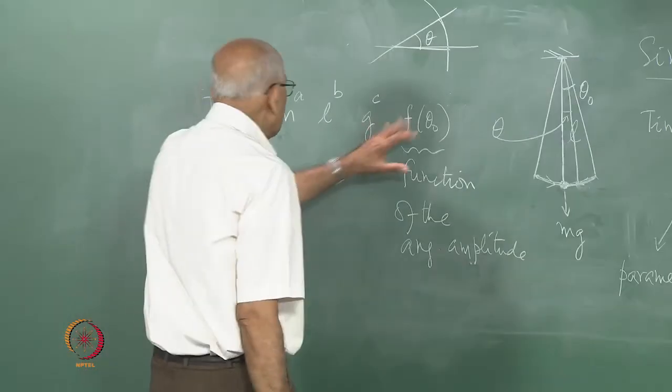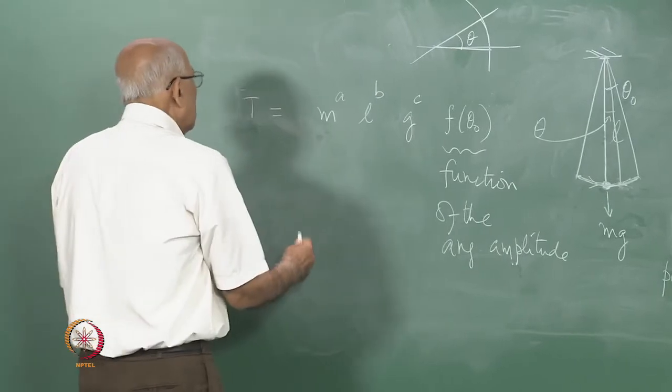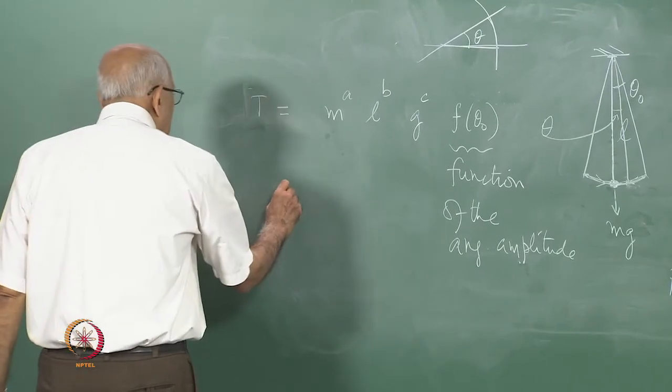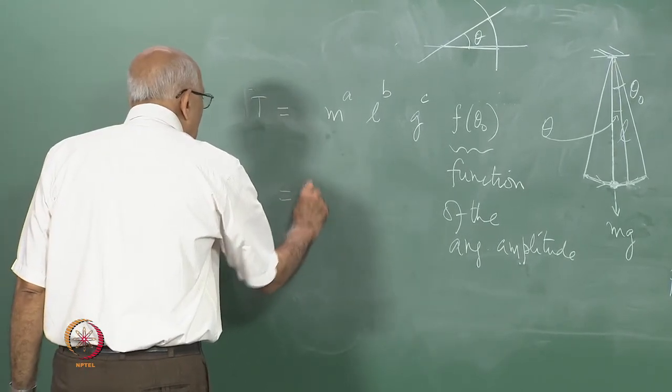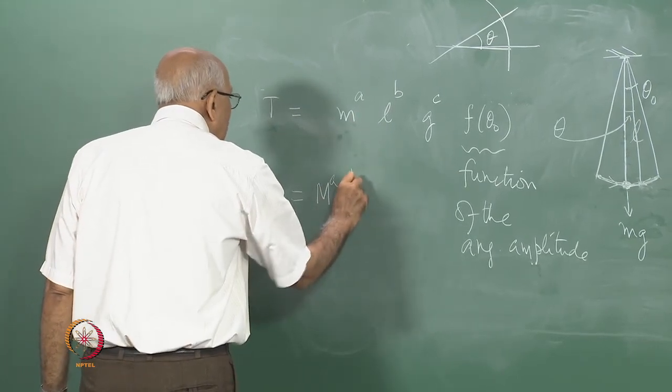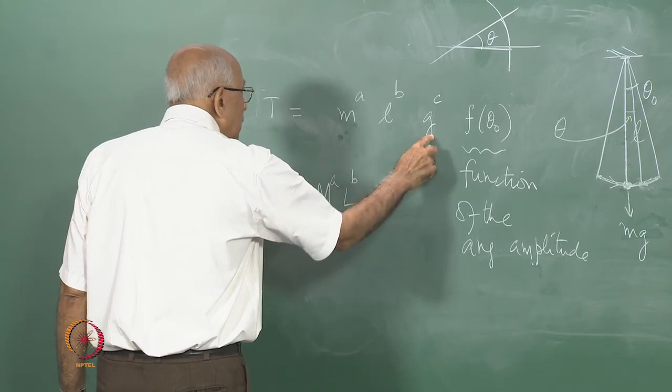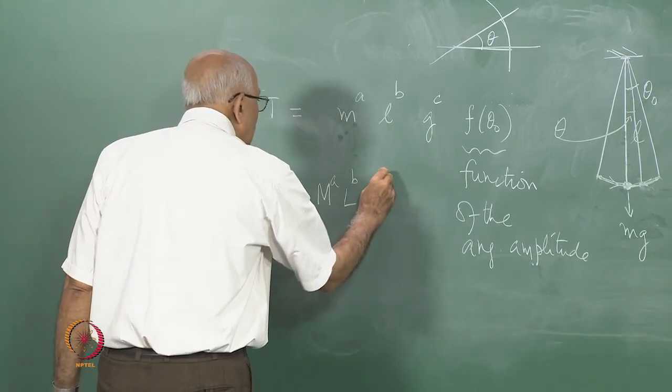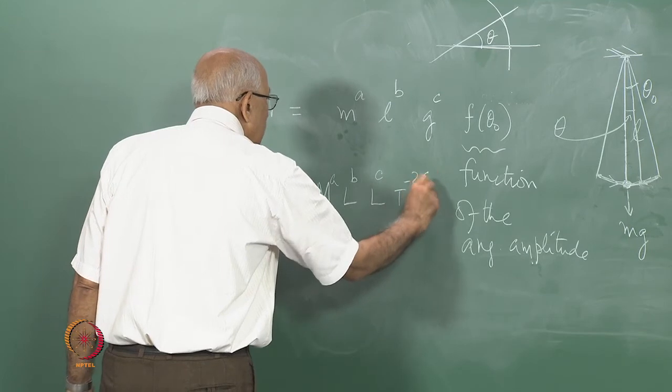But it is sitting there, and now what we can do is to say, all right, so this will tell us that T must be equal to M to the power a from this, and L to the b from that, and g was L T to the minus 2, so L to the c, T to the minus 2c.